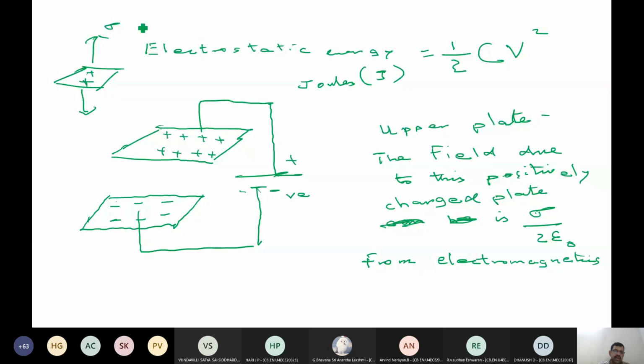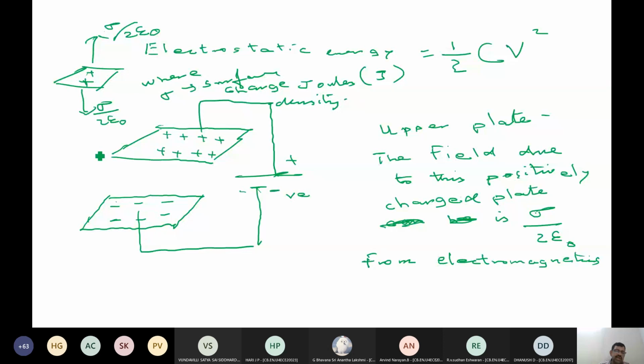So the upper plate will have sigma by 2 epsilon naught on the upper side, and on the lower side also it will be sigma by 2 epsilon naught, where sigma is the surface charge density.